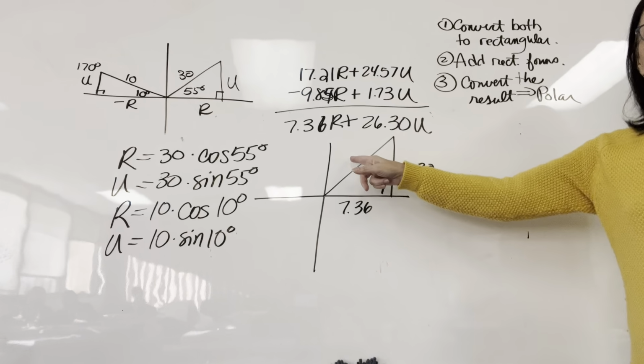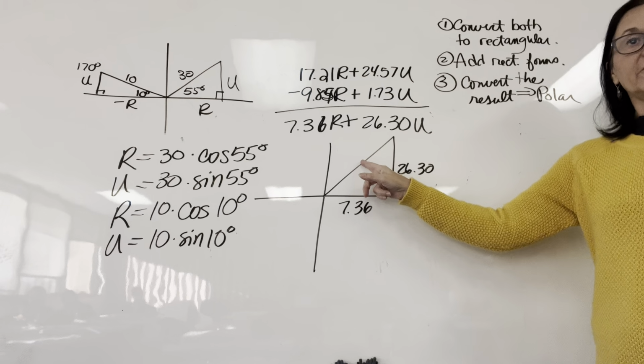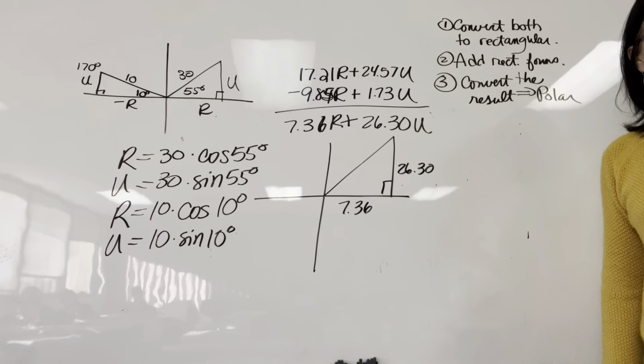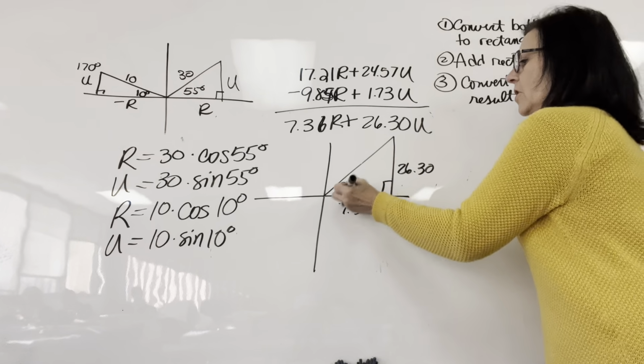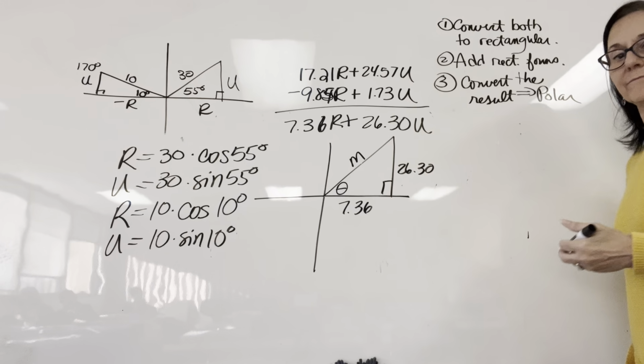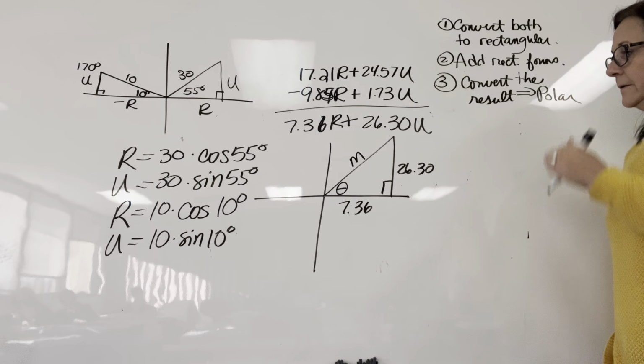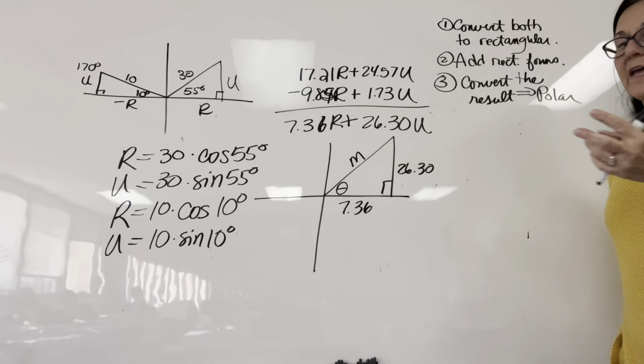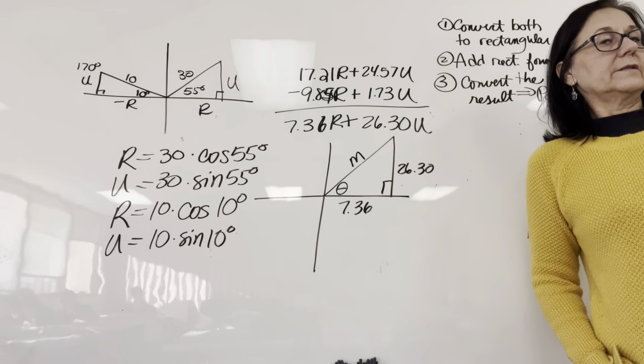Somebody solve for the length. Jake, you solve for the length of the vector. Evie, you solve for that angle for me. So Jake, you're solving for the magnitude or the hypotenuse. And theta is just theta in this first quadrant.